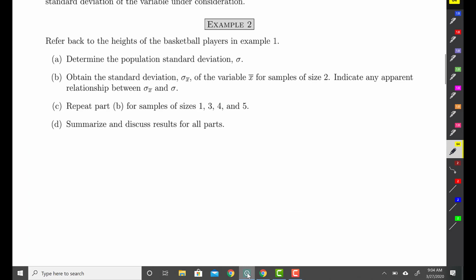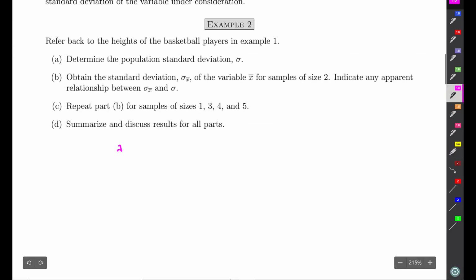All right, so let's look at part A. The population standard deviation formula, if you recall, is the sum of the data points minus the mean quantity squared over the size of the population. So it's the square root of that whole value.